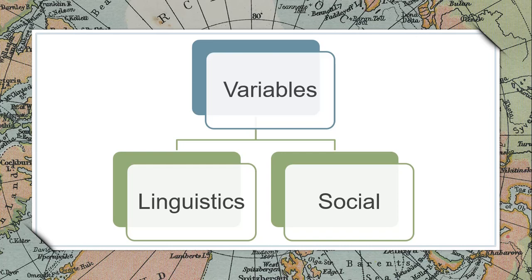And in sociolinguistics, you cannot really separate the linguistic variable and the social variable, which means that when analyzing data, you have to see it from both linguistic and social perspectives. Together, they will make a very good and very thorough sociolinguistic analysis. Okay? Let's move on.